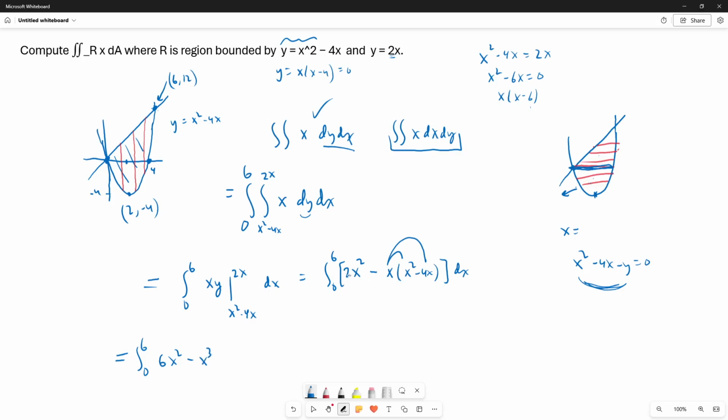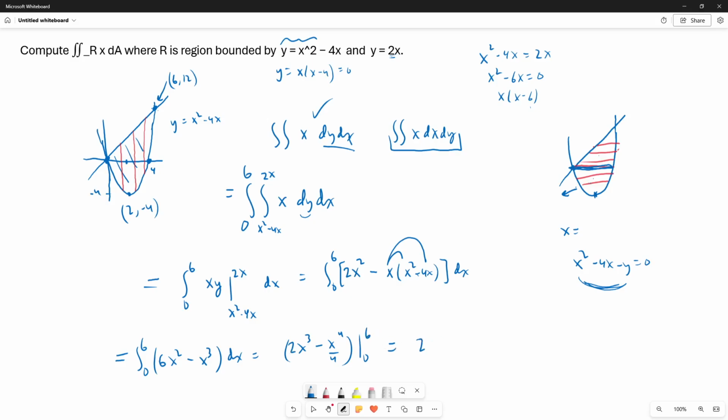Simplifying again, 2x squared plus 4x squared makes 6x squared, and minus x cubed dx. And now we just have an elementary integral in the variable x. Antiderivative, let's finish it out. x cubed over 3, so that gives us 2x cubed because of the 6, minus x to the 4th over 4, from 0 to 6.